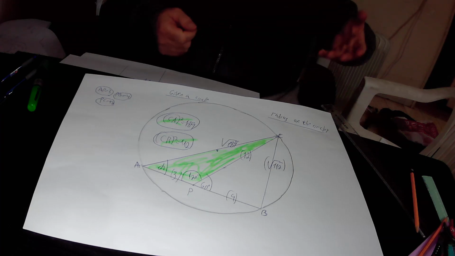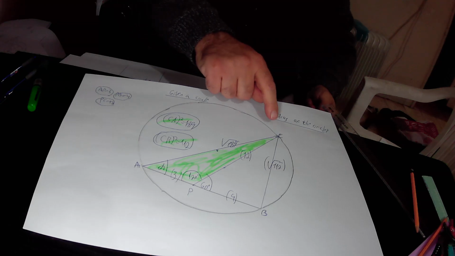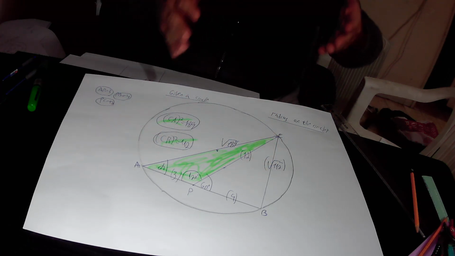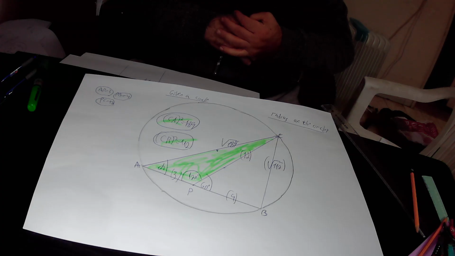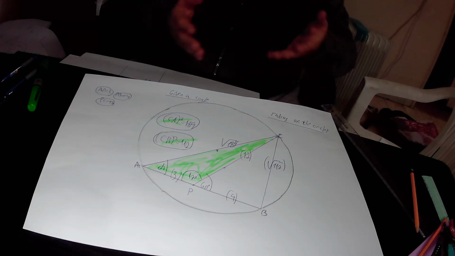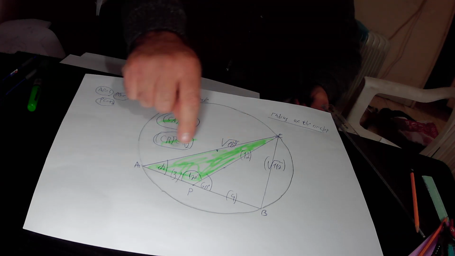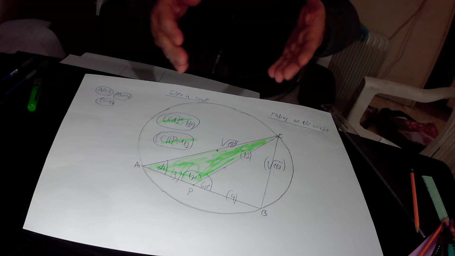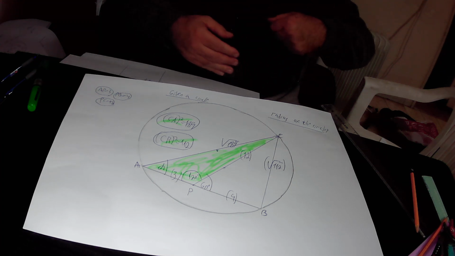Because all 3 vertices of triangle ABC are located on the circle itself. Therefore triangle ABC is inscribed in this circle, and we can implement the law of sines. CB over sine alpha equals 2R, and R is the radius that we are looking for in this question.